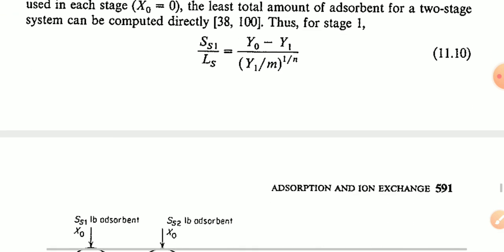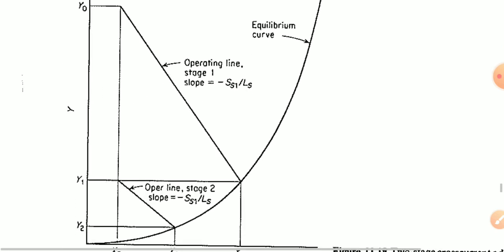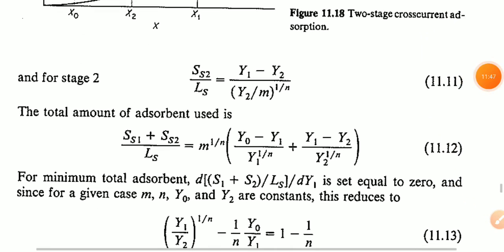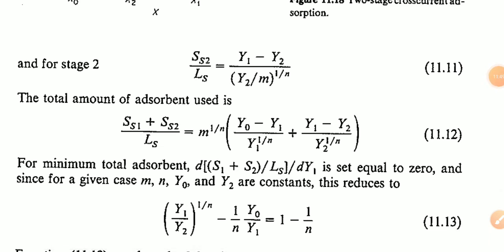Now the explanation part, the main thing is the equations. For stage 2, write down this equation: SS2 by Ls is equal to (y1 minus y2) by (y2 by m) raised to 1 by n.